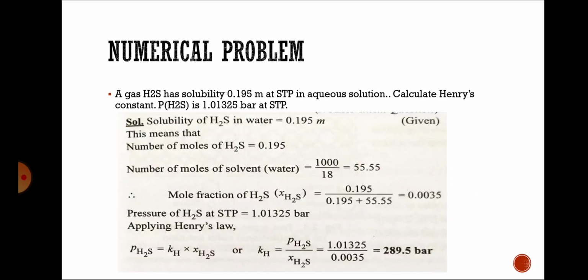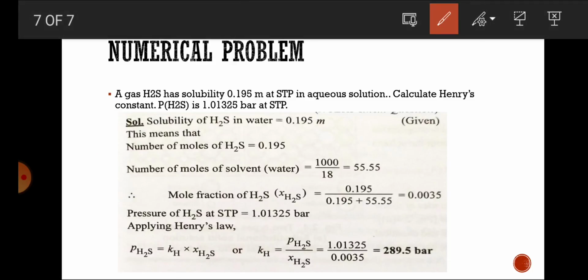There is one numerical which is based on Henry's law. A gas, H2S gas, has a solubility of 0.195 m at STP, which is standard temperature and pressure, in aqueous solution. Calculate the Henry's constant, KH.